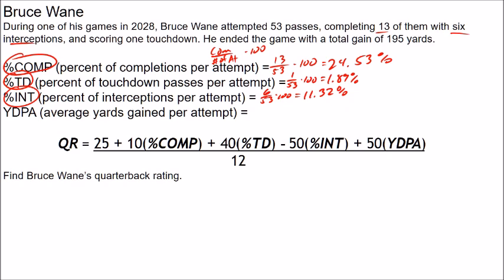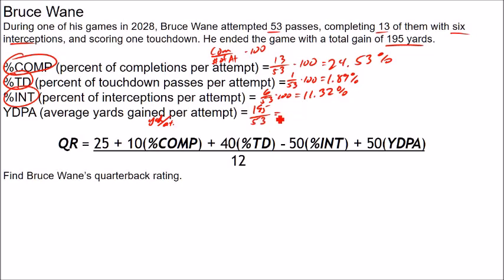Okay? So the first 3 are percents. The last one is not a percent. Okay? Be careful with that one. A lot of students make mistakes there. So the yards per attempt. Yards per attempt is our yards divided by the total number of attempts. So the yards that he had was 195 divided by the total number of attempts, which was still 53.